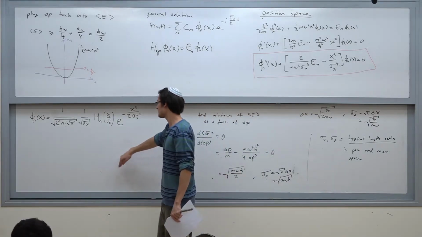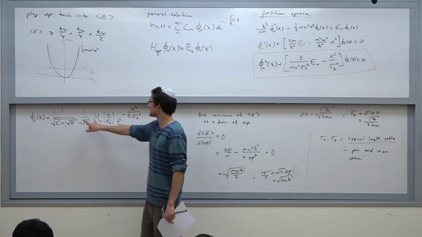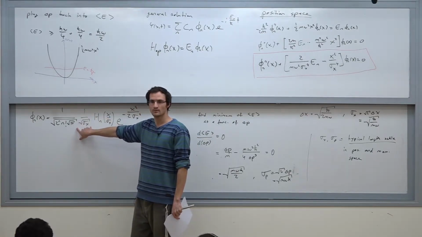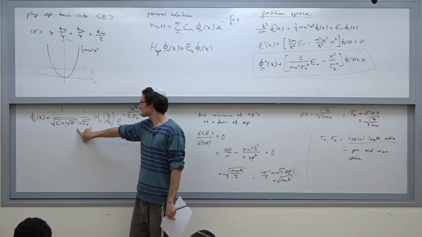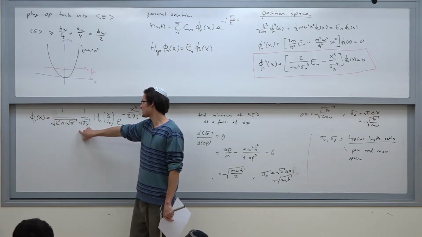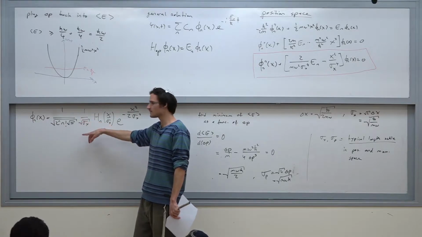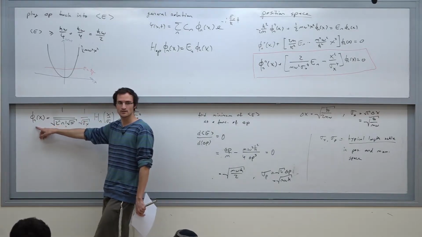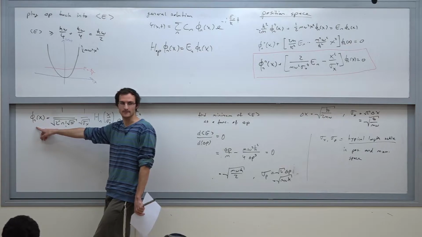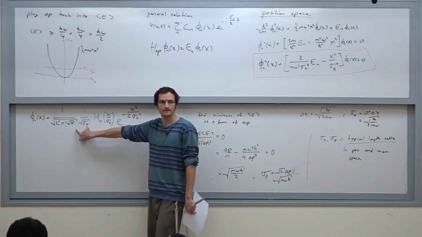Note also that the only thing actually carrying units here is the 1 over root sigma x. Everything else is dimensionless. Since sigma x is a length, the root is the root of a meter, which is exactly the units you would expect for a wave function in one dimension. So this is where all the units are.